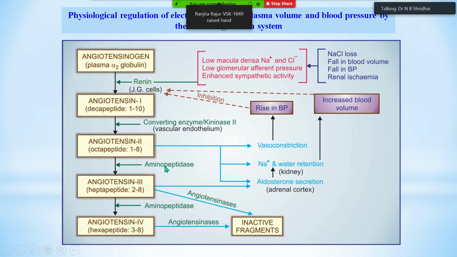The enzyme aminopeptidase acts on angiotensin 2 and angiotensin 3 is formed. Angiotensin 3 acts on the adrenal cortex, aldosterone is secreted, and sodium and water retention occurs in the kidney. If sodium and water are increased, then blood volume increases.